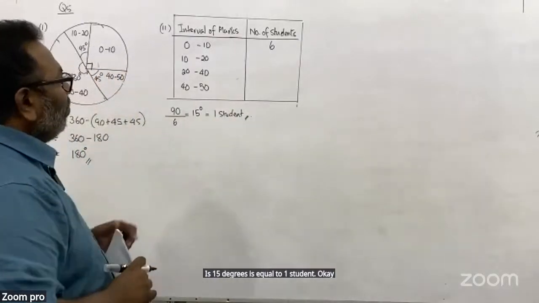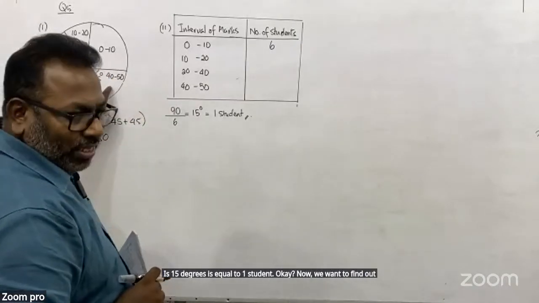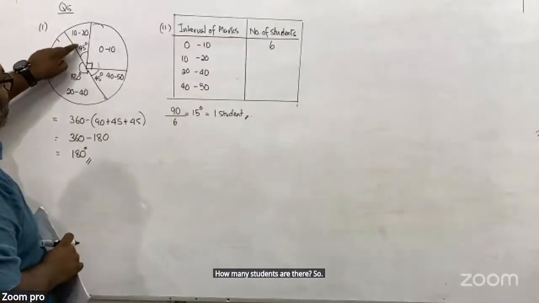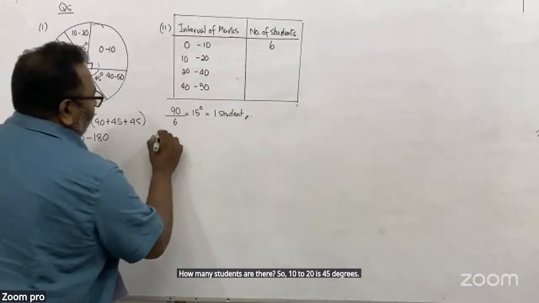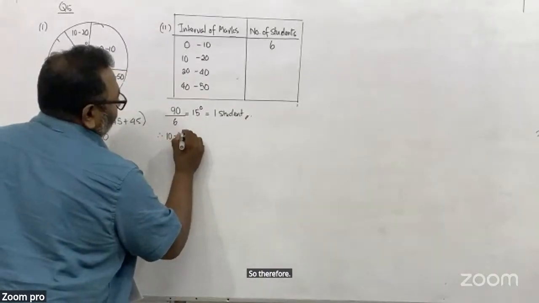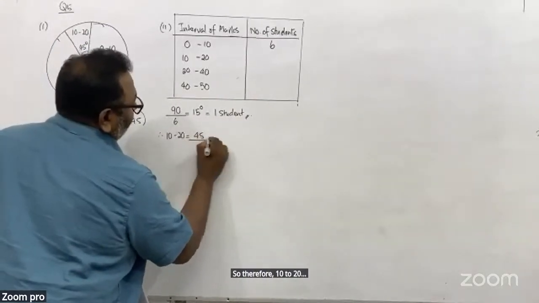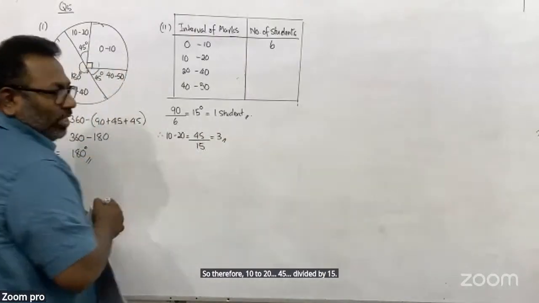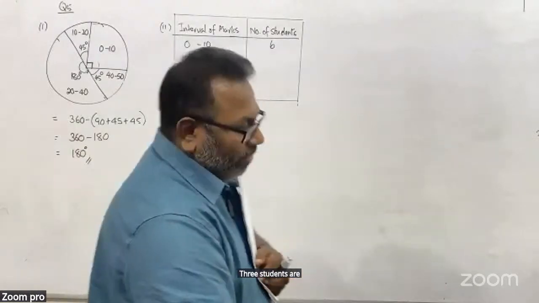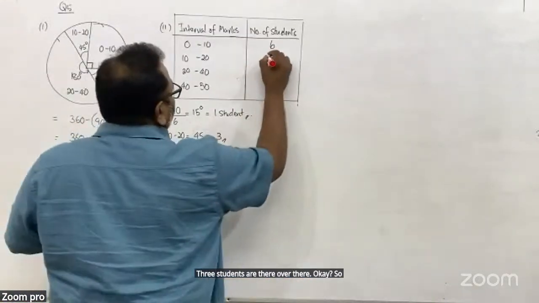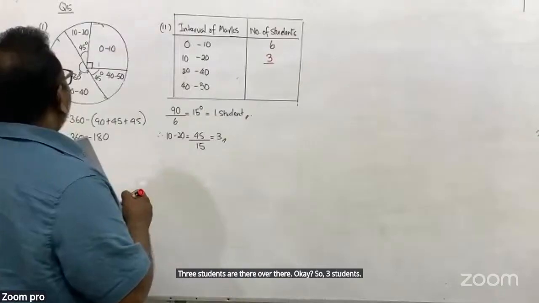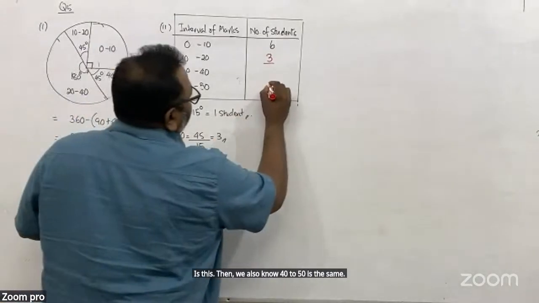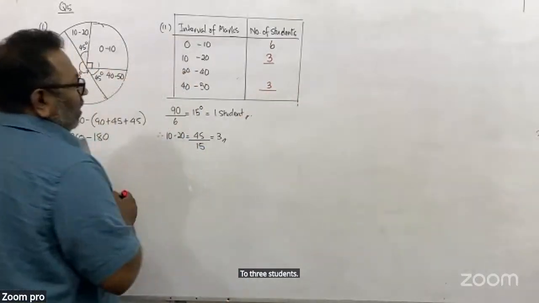Now we want to find out in each of these sectors how many students are there. So 10 to 20 is 45 degrees. Therefore, 45 divided by 15, 3 students are there. Then 40 to 50 is the same, so 3 students here as well.